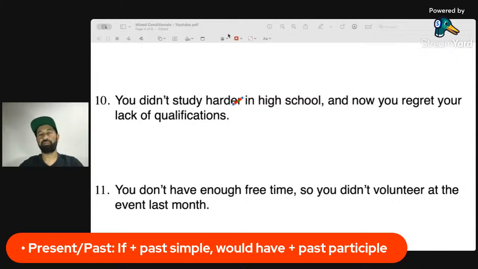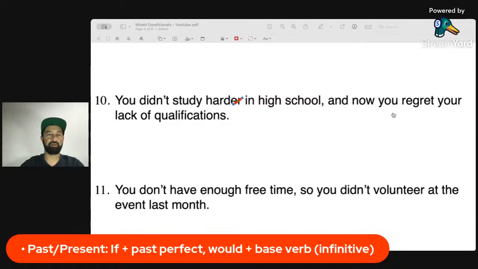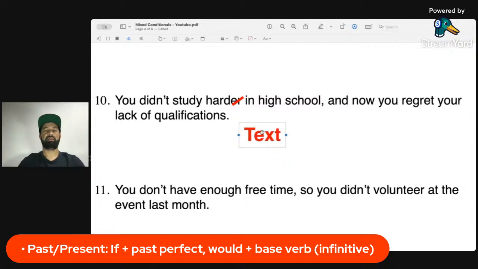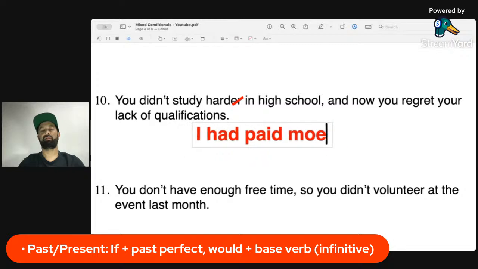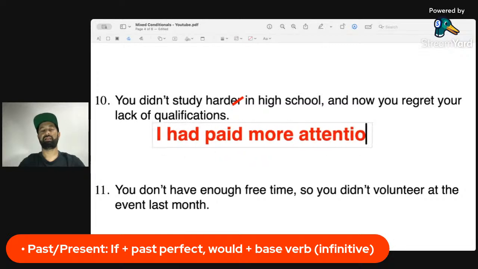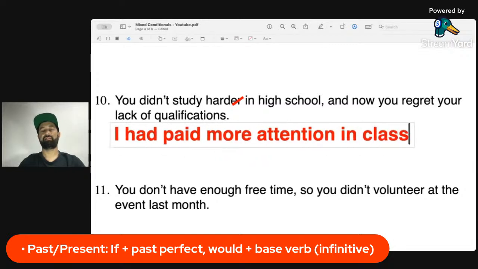Okay. So for this one here, again, choose the pattern that you want. For me, I'll choose the other style. We're going to be using past perfect, would plus the base verb. All right, so maybe my sentence would be, if I had paid more attention in class.